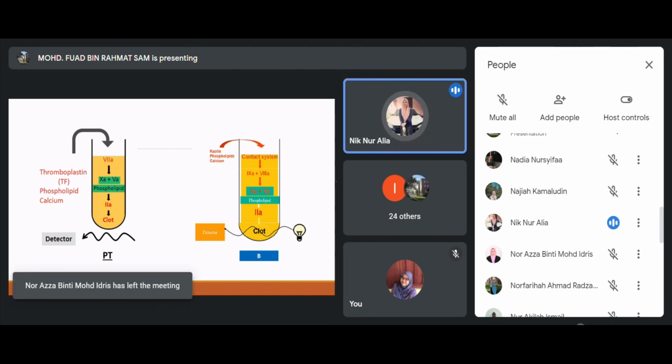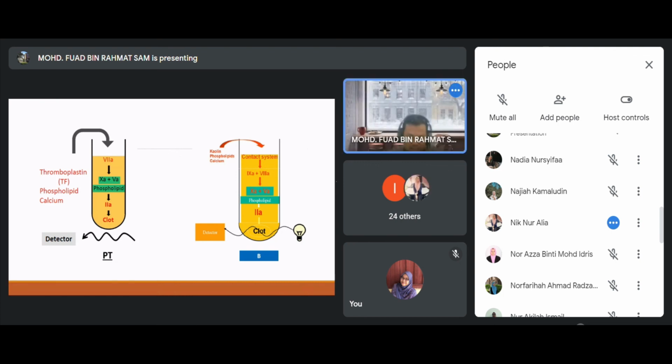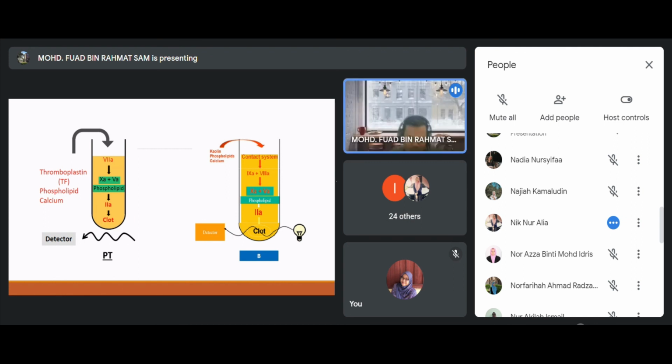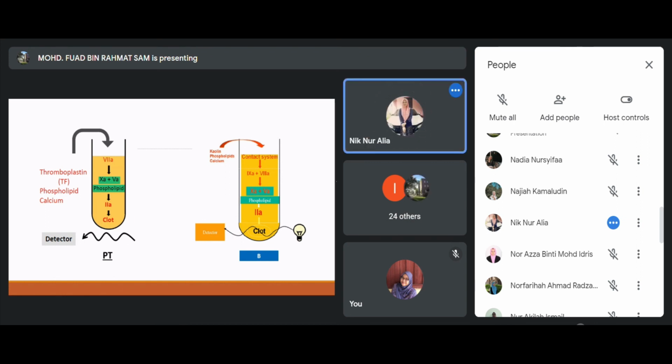Dia dalam extrinsic. Extrinsic, okey, lagi? Lepas tu dia guna kalsium. Guna kalsium, okey, lagi? Lepas tu faktor tu dalam common. Mungkin saya tak ingat lah doktor.